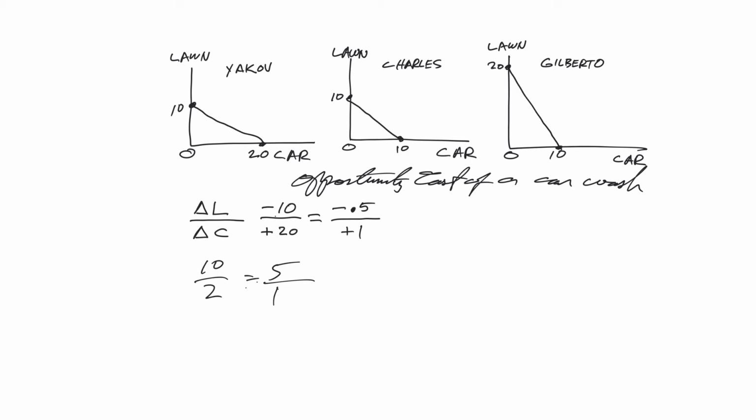Well, let's calculate the same thing for Charles. As we can see here, Charles, if he's producing 0 car washes and putting all his efforts into lawns, if he's going to increase car washes by 10, he's going to give up 10 lawns. So let's write that how we did with Yakov.